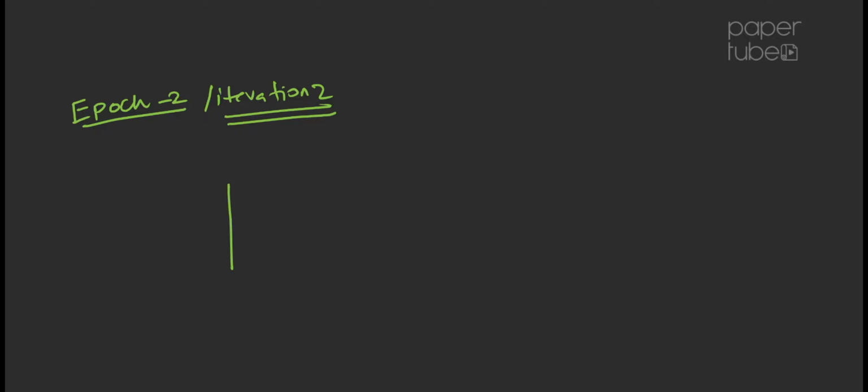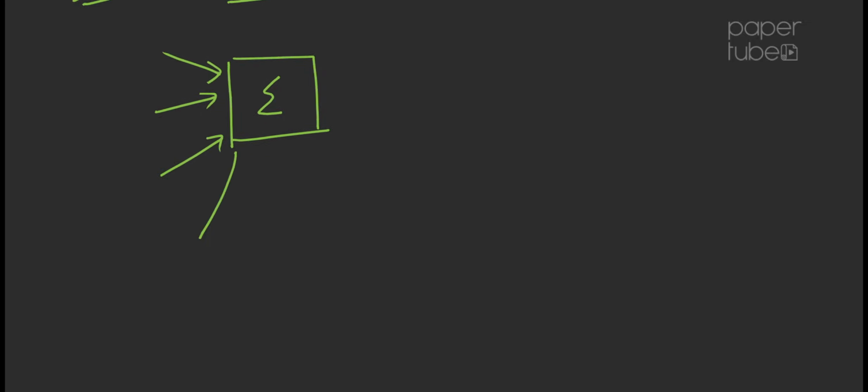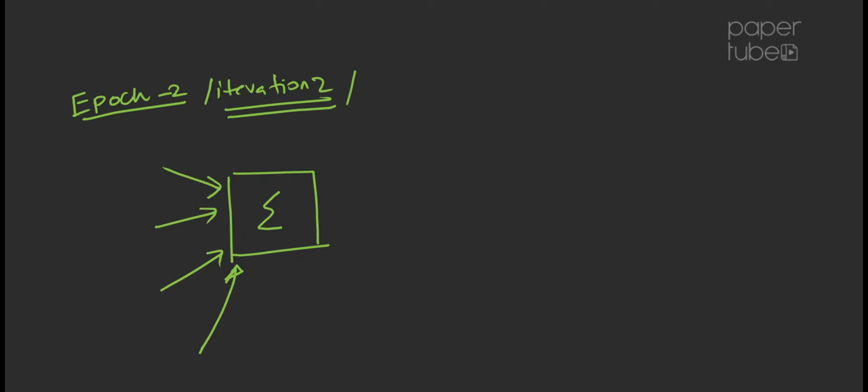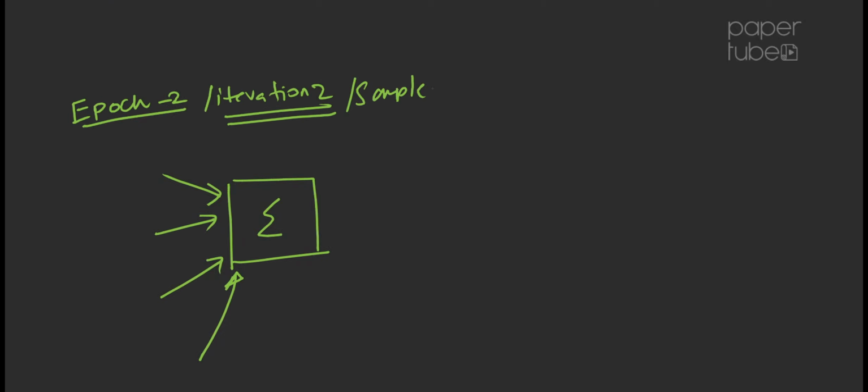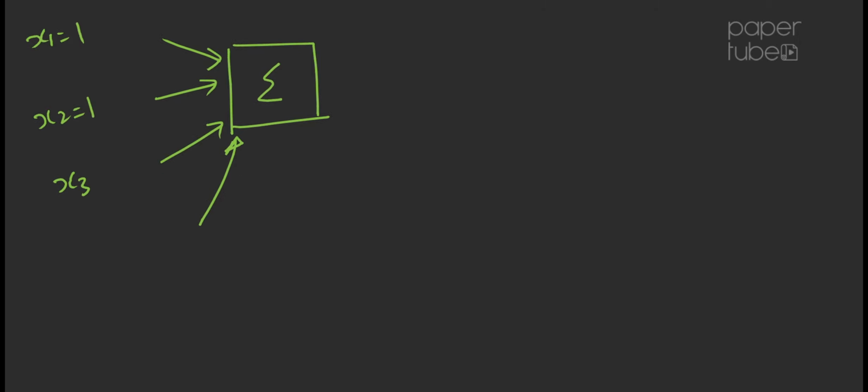So let's do this. You have a summation box, and then again you start with your sample number 1. This is iteration 2, sample 1. So x1 equal to 1, x2 equal to 1, x3 equal to 1, x4 equal to 1.